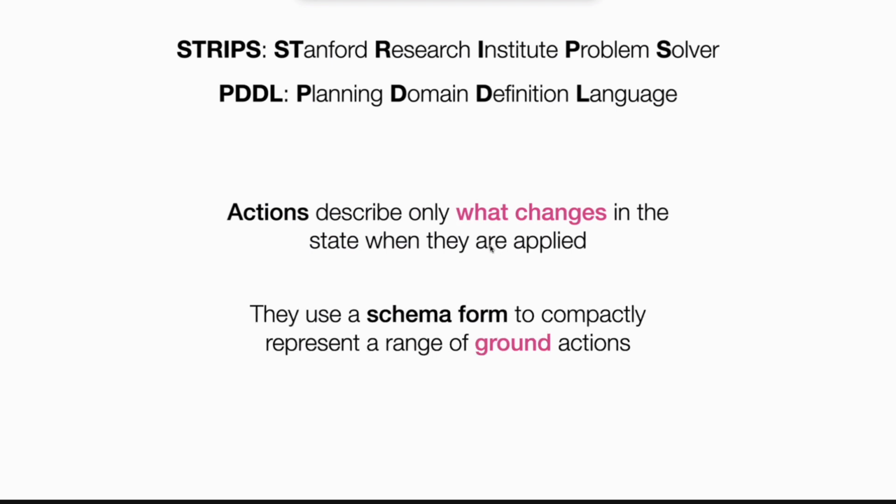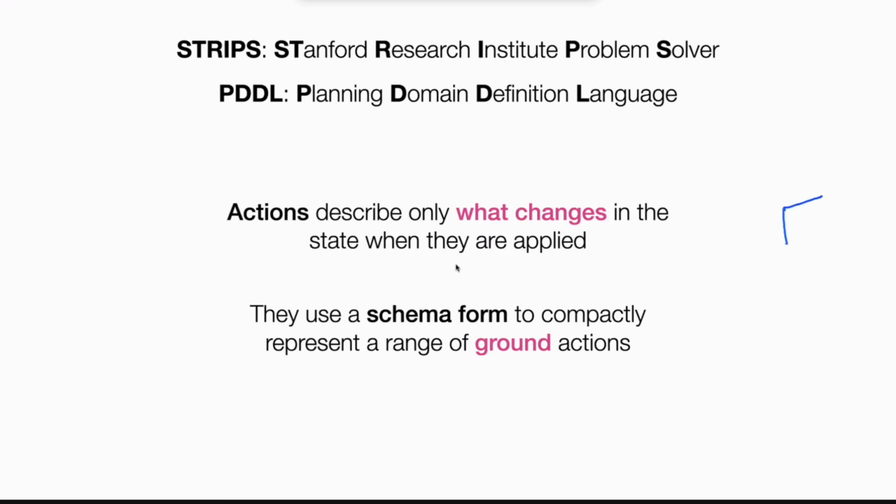And they have a particular form. If you think about our grid world Pokemon example, there's two ways you could have thought of actions.